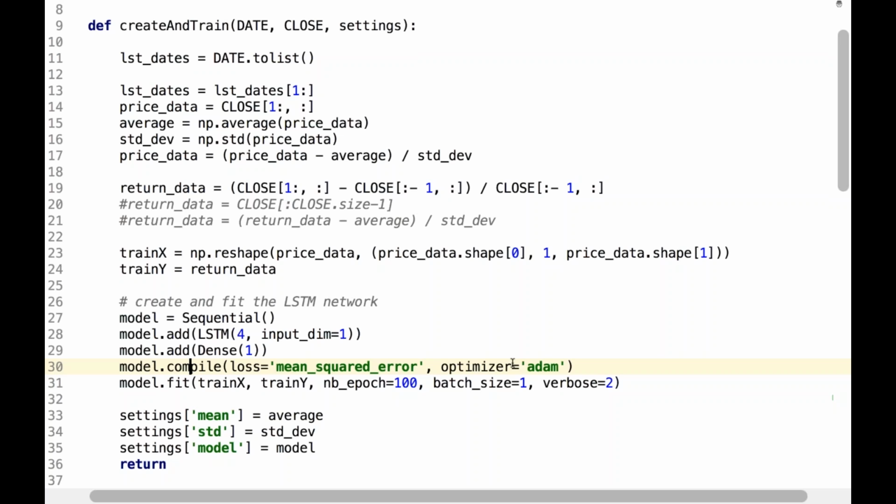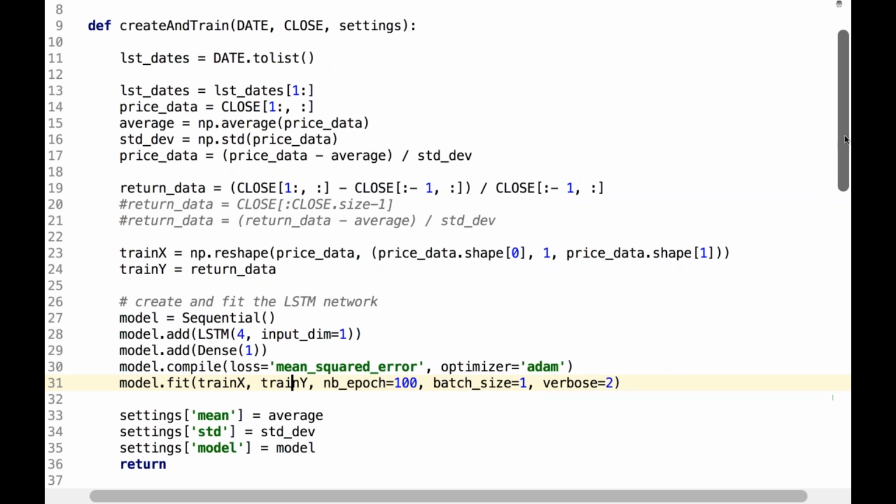It's just one way of optimizing the process. I then tell the model to go ahead and fit the data I have. The X values of the training data are the price data. The Y values are the return data that I hope to predict when we go to the future. I then put all this information into my settings, so each time I'm given a new day's worth of data, I can pull what I need out of my settings to perform my analysis.